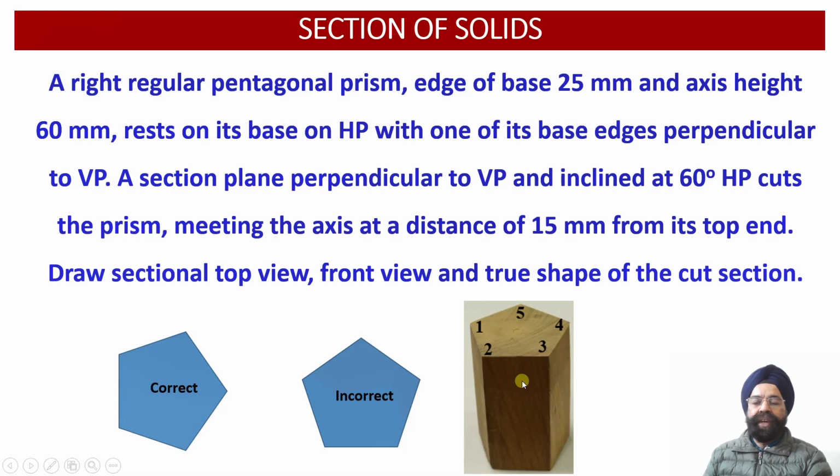So from the top face, 15 millimeter alongside the axis, a cutting plane will be passing through this pentagonal prism in such a way that this auxiliary inclined plane is inclined at an angle of 60 degrees with respect to the horizontal plane. With this information, we are required to evaluate the sectional top view projections, front view projections and the true shape of the cut section.